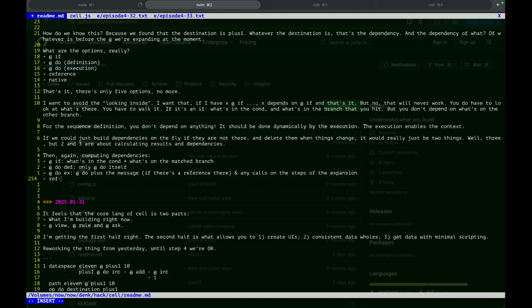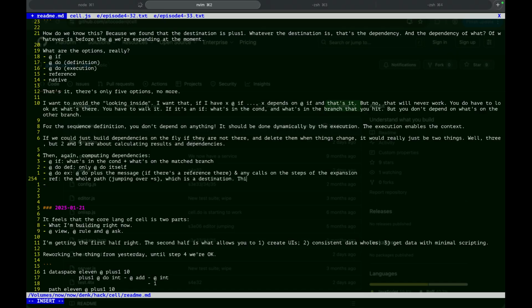Reference: the whole thing, the whole path jumping over equals, which is the destination. The easy one. Native: a native call plus the message if there's a reference there.